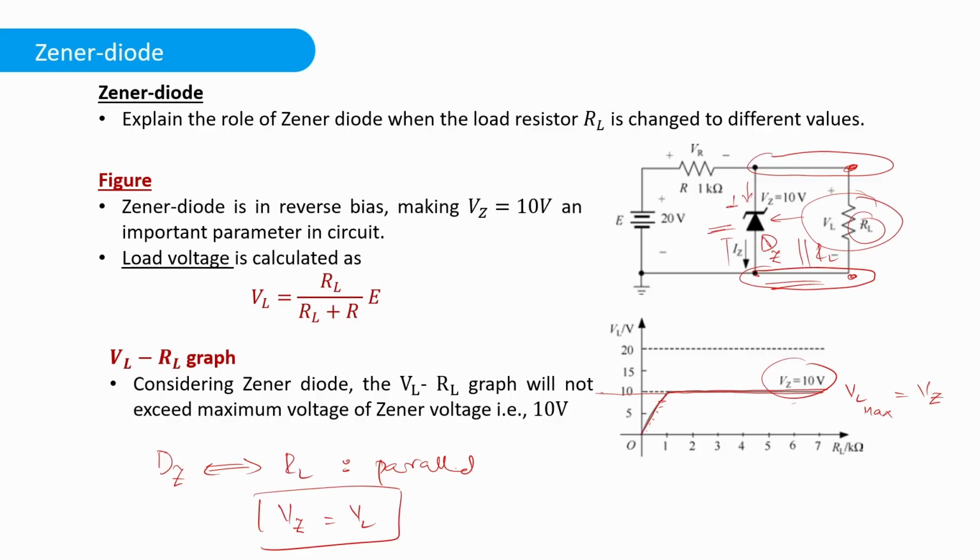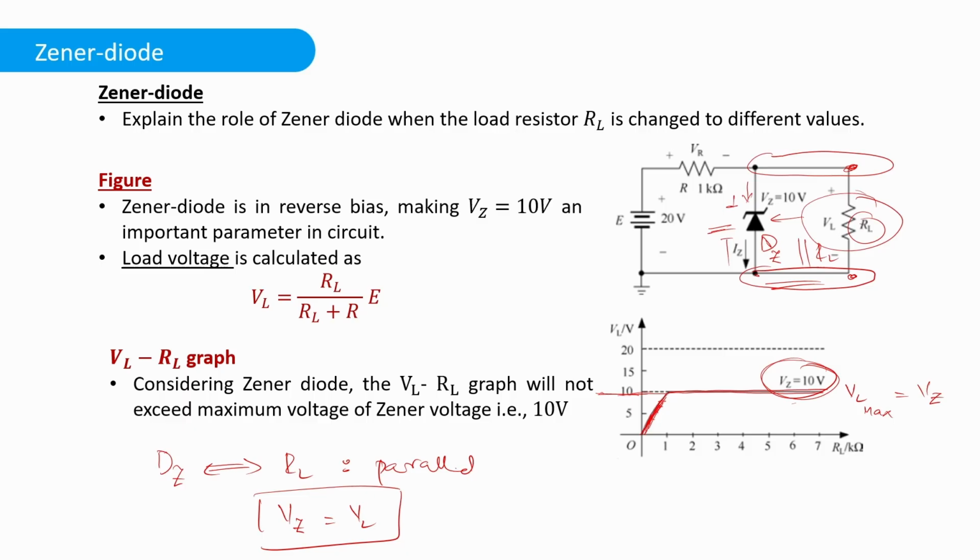So for the initial region, when the Zener diode will not be operating, we will have some curve. But once Zener region is reached, we will have this 10 volt as a threshold voltage, and load voltage will never cross this 10 volts.